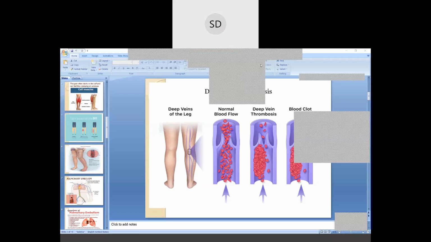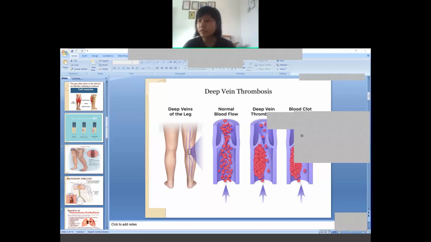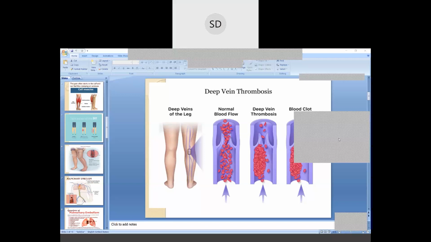Can you tell me some of the risk factors of DVT? Age. Elderly people. It doesn't occur in all ages, you have to mention the specific age, mostly elderly people who are 60 plus.